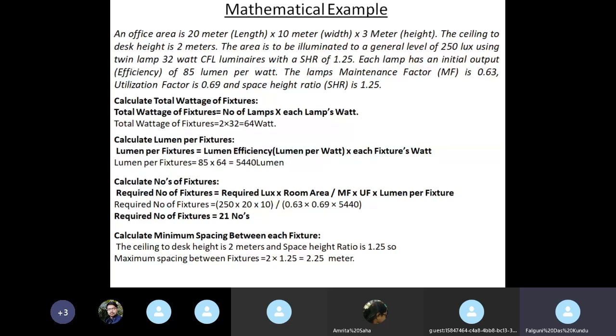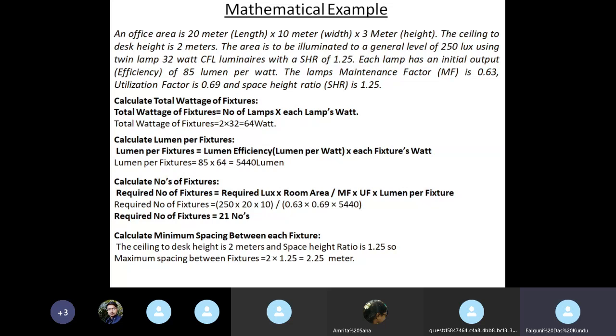The area is to be illuminated to a general level of 250 lux using twin lamp, 32 watt CFL luminaires with a space height ratio of 1.25. Each lamp has an initial output, that means efficiency, of 85 lumen per watt. The lamp's maintenance factor is 0.63, the utilization factor is 0.69 and the space height ratio is 1.25, which I already gave.